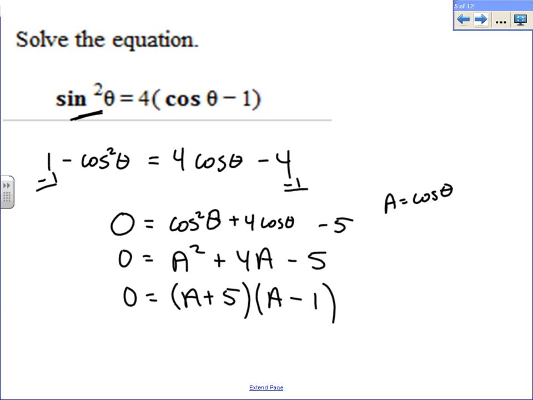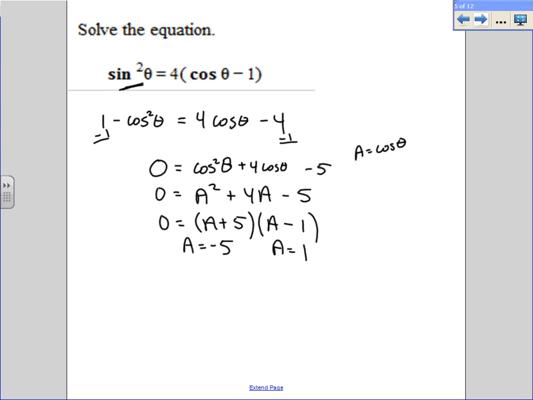And so we're going to get solutions now of A to be negative 5 and A to be 1. Now this negative 5 one's going to throw you off a little bit, but let's put cosine theta back in here. So cosine theta equals negative 5, and then we'll get cosine theta equals 1.